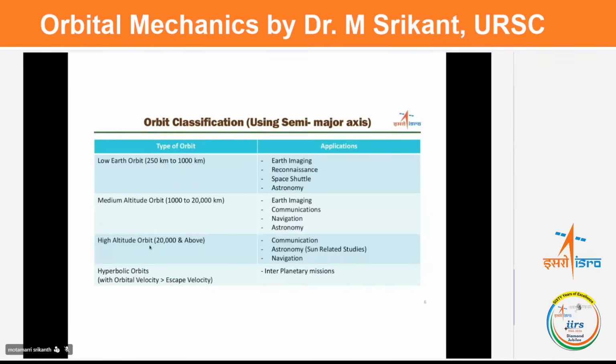High altitude orbits, 20,000 and above, are used majorly for communication, astronomy, sun related studies, and navigation. Hyperbolic orbits are majorly for interplanetary missions. So you can see the classification here, from the types of orbits to the applications, which type of orbit is required for which application.